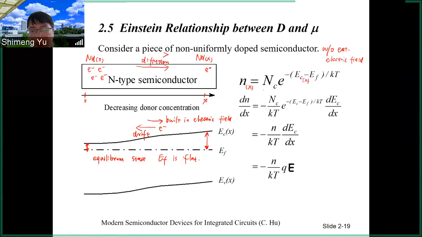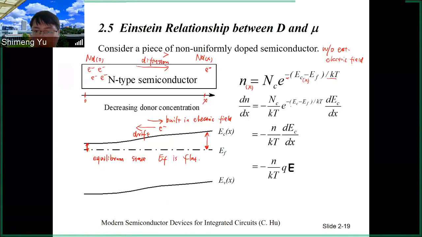So let's take the derivative with respect to x on both sides. So then on the left side, you have dn over dx. On the right-hand side, because this term is inside the exponential function, you take the derivative of the exponential function. After you do that, it's still an exponential function, but those coefficients, like 1 over kT and the negative sign, should be pulled out in front of the exponential.